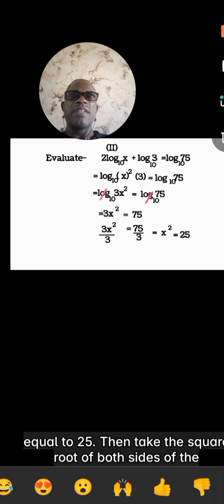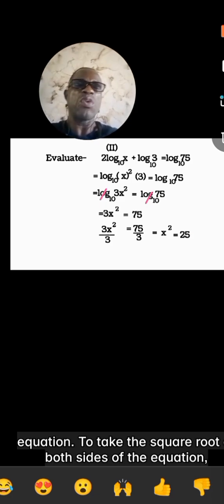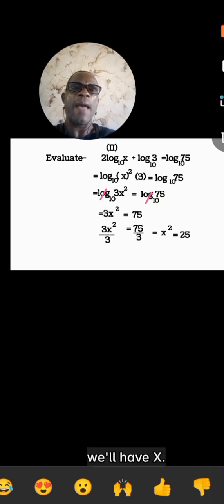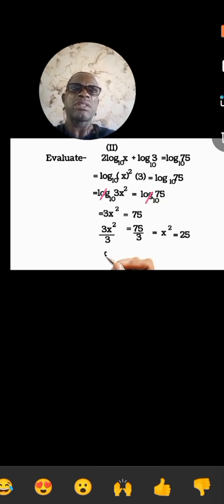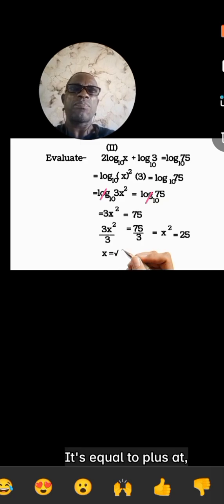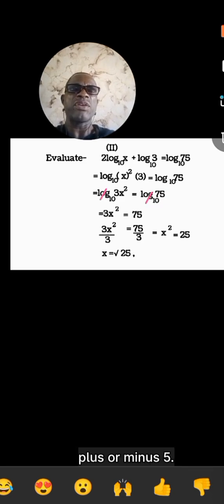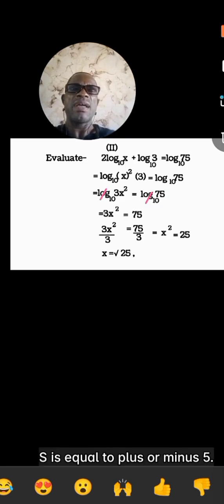Then take the square root of both sides of the equation. We have x is equal to plus or minus the root of 25. Then x is equal to plus or minus 5.